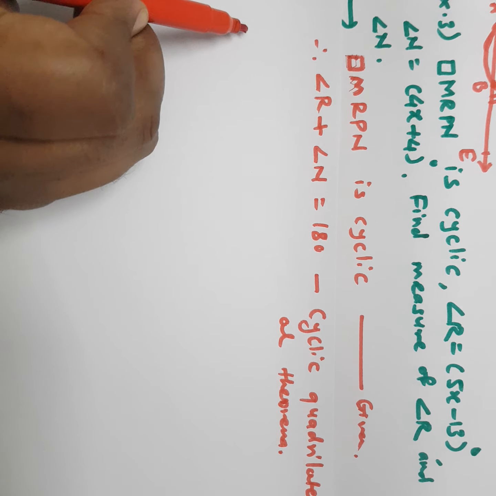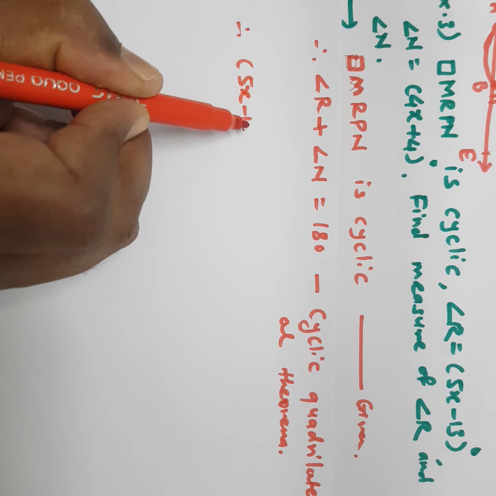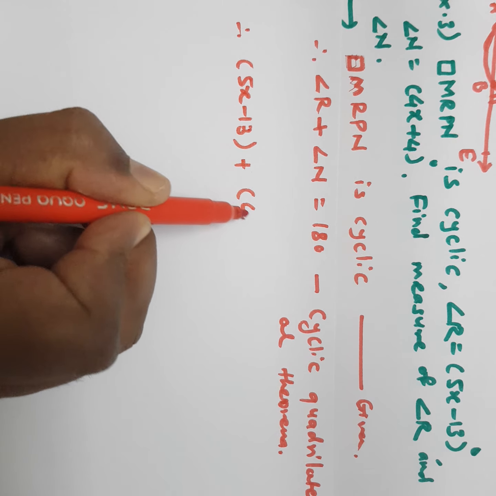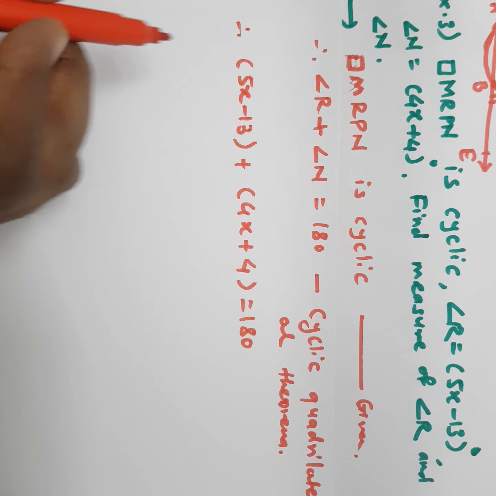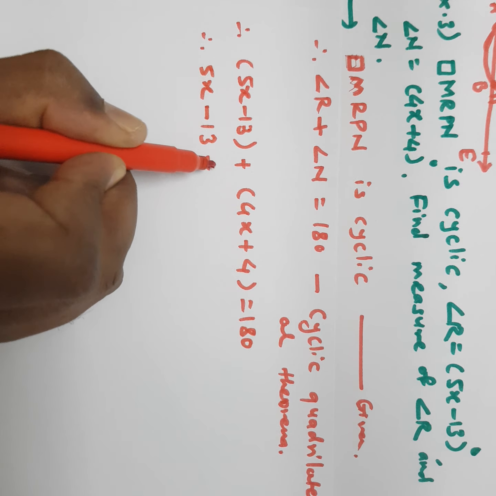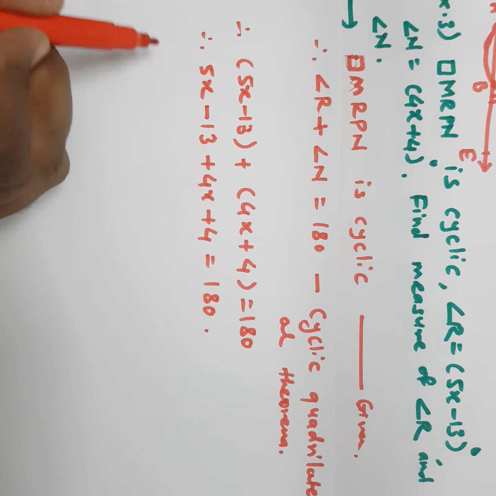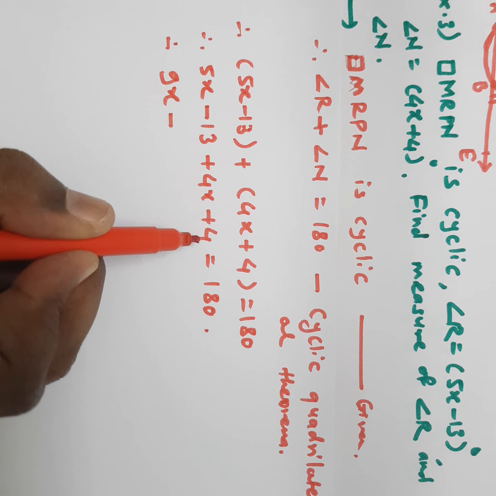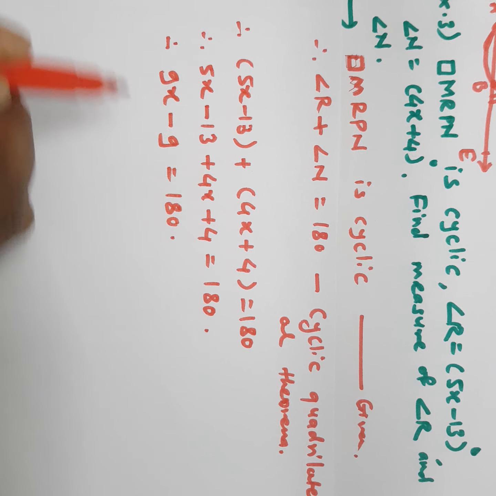Angle R is given as 5x minus 13, so 5x minus 13 plus 4x plus 4 is equal to 180. 5x plus 4x is 9x, minus 13 plus 4 is minus 9, equal to 180.